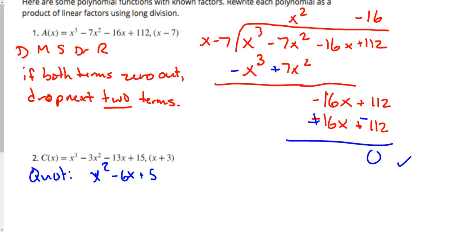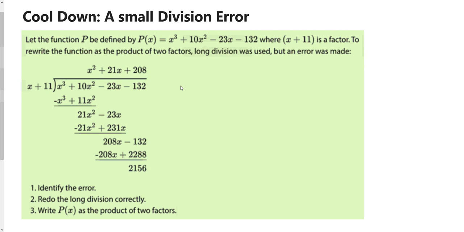Okay, last but not least, here's one final thing. Unfortunately, when you do long division, it is a fairly lengthy process, right? And when you have such a lengthy process, with all the different operations going on, it's very easy to make a math error.